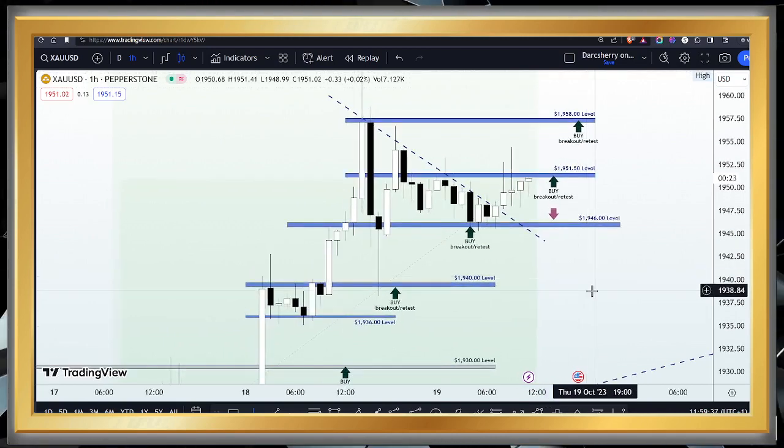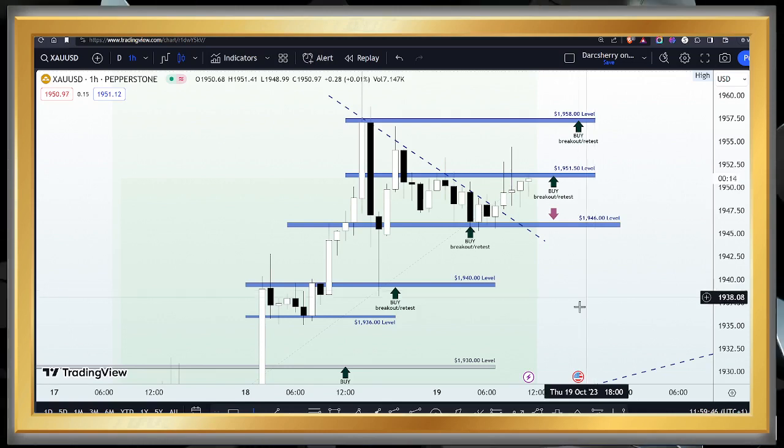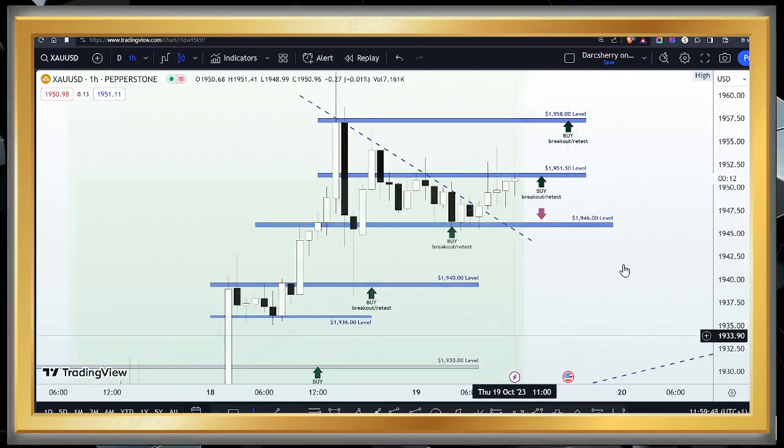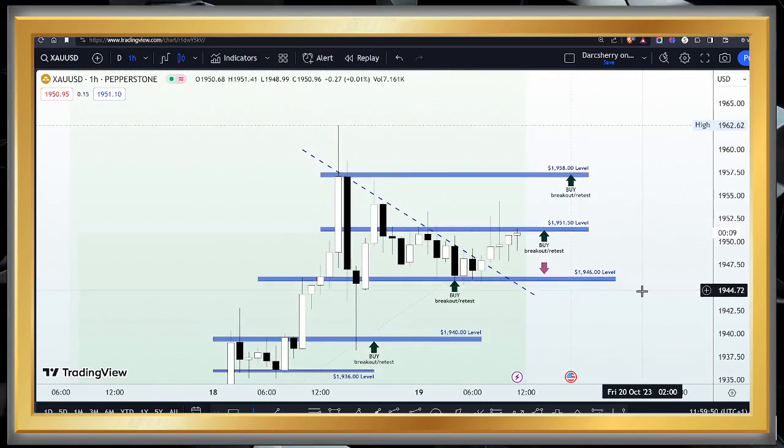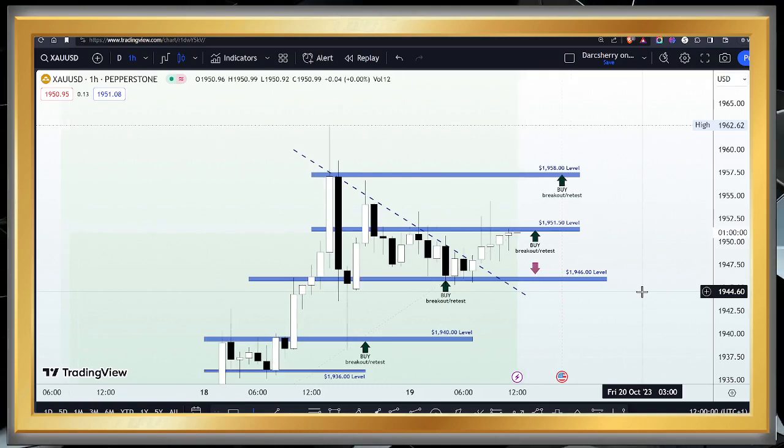What are the potentials of the buyers, or are there any possibilities that sellers could come in at any point in time? Well, while trying to dissect the current market structure this morning, the first thing I was able to observe is that after price action found new high, we begin to notice some choppy situation go on here, which is something that is not supposed to be surprising at all, as we all know that when price finds a new high, it takes quite a while before price acclimatized to this new zone that it has found.